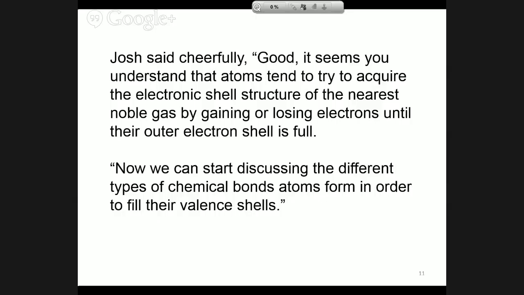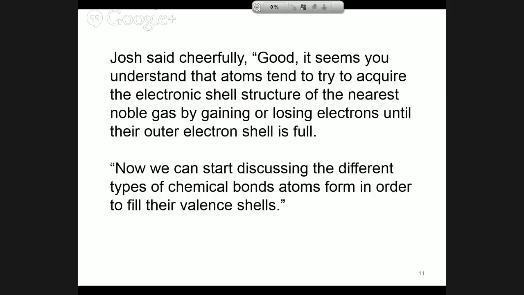So who can give me an example of what a noble gas is? Names of noble gases. Hydrogen. Sorry? Hydrogen. No. Noble gas. Helium. So the first row in the periodic table has only 2 elements: hydrogen, the first row, and helium in the last row.